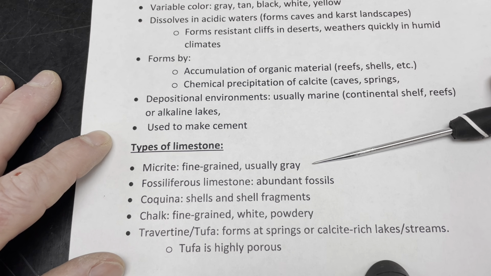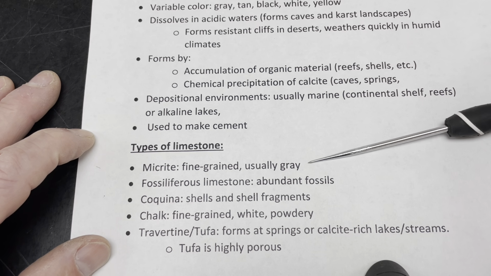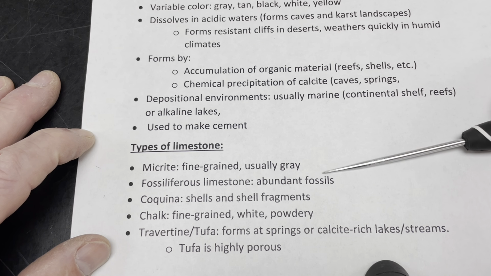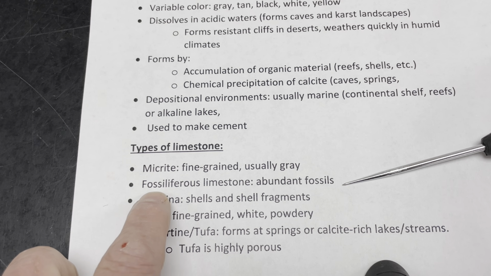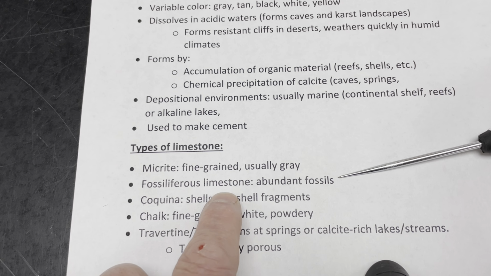But keeping this fairly user-friendly, a lot of limestones tend to be gray and fine-grained. That's what we call a micrite. An abundance of fossils in a limestone might necessitate the use of an adjective before the word, so we might call that a fossiliferous or fossil-rich limestone.